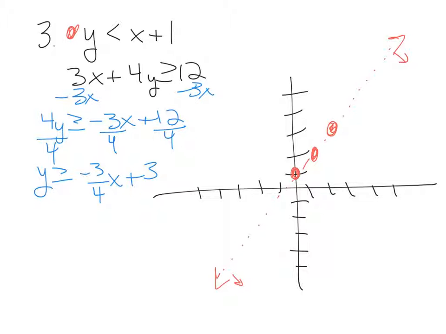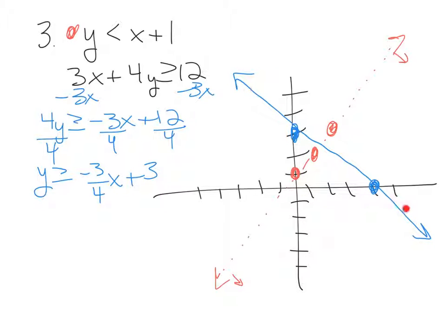Now my other line, looking at what I've simplified down here. I'm going to start at 3, go down 3, to the right 4. It's a solid line because of this sign right here, so I'm going to draw my line. Now I ask myself, where is y greater than this line?